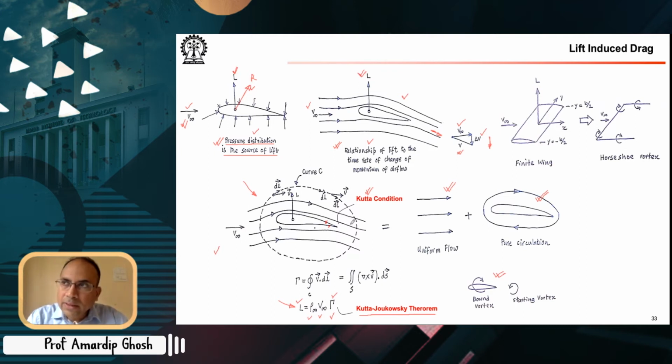That sets an amount of circulation. So to have the flow leave the trailing edge smoothly, you need a certain amount of circulation, and that is what quantifies the amount of lift, because rho infinity, V infinity are more or less your free stream conditions, and the amount of circulation will be such that it satisfies the Kutta condition.